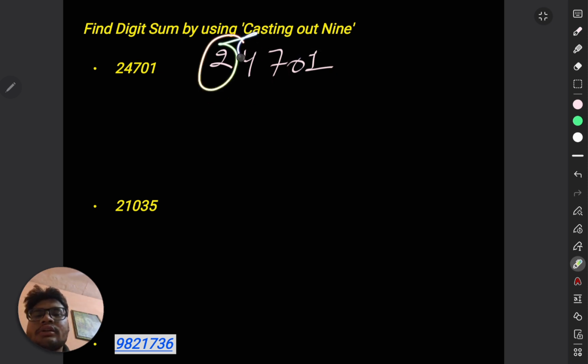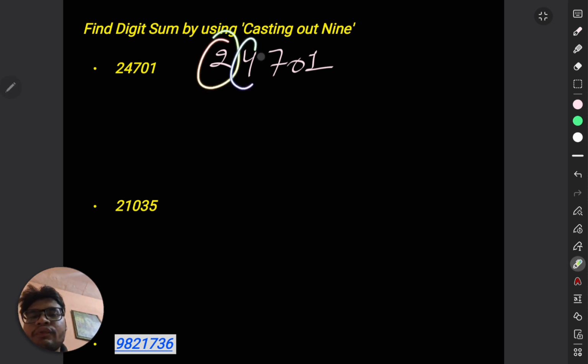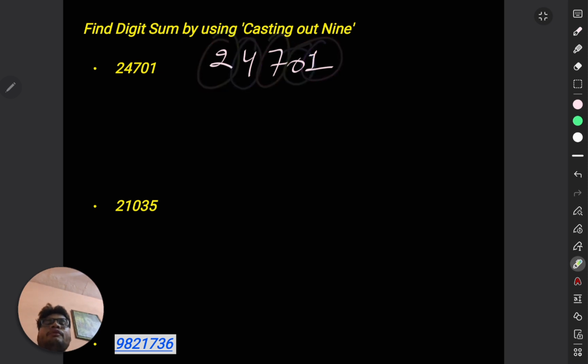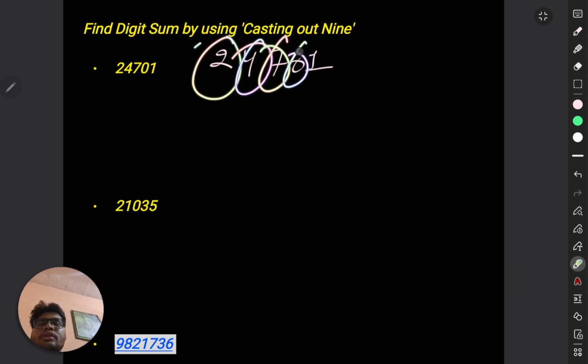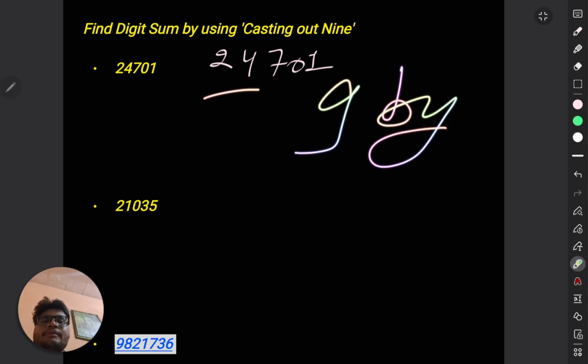If some digits, when we add them, give 9, then we will ignore those digits. So here is 24701. We have to find, from these digits, the digits which make 9 by adding.